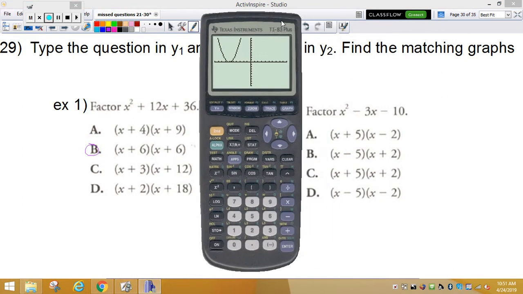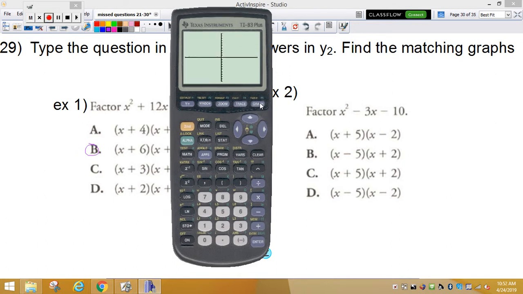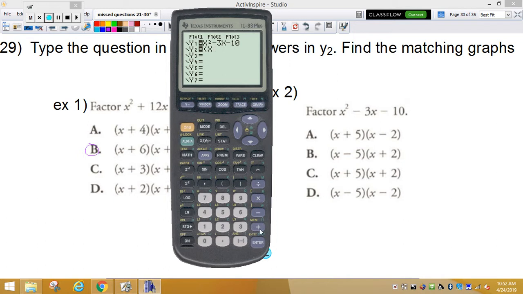Let's look at example 2. X squared minus 3x minus 10. So that's what I want my answer to look like. Let's try A. Nope, that's not the same graph.